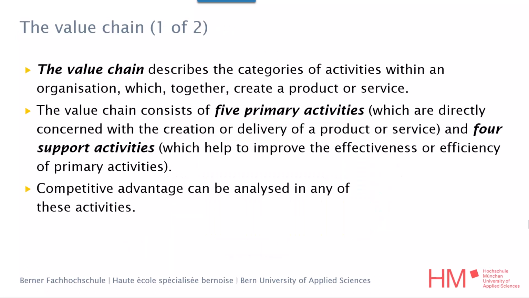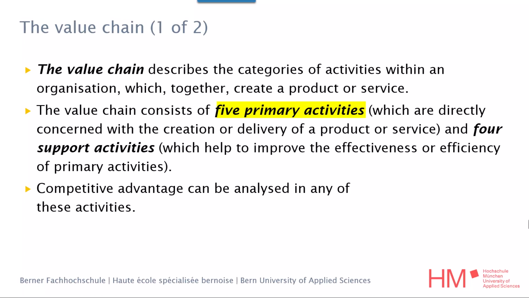So the value chain model describes the categories of activities within the organization, which when taken together, brought together in harmony, are able to create the product or service that the company wishes to take to market. The value chain consists of 5 primary activities, which are all directly concerned with the creation or delivery of a product or service.